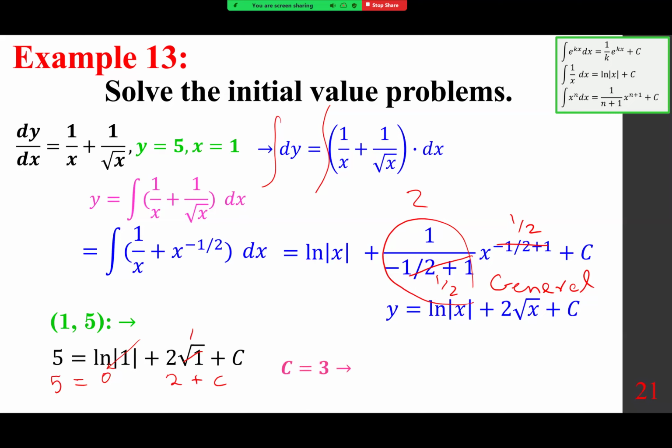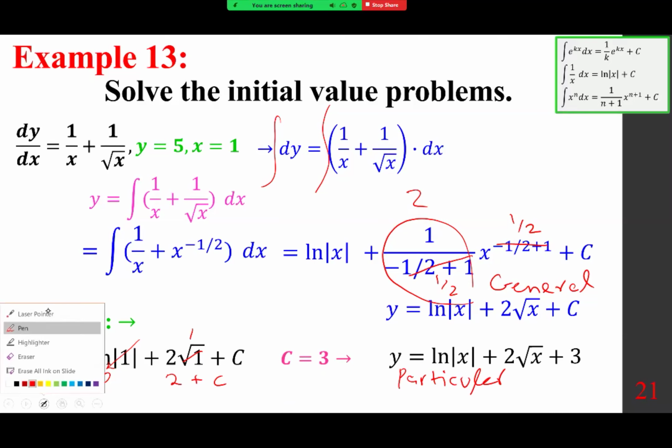The answer is 3. And now this is a particular solution, because we went from a general solution, a family of solutions, infinitely many solutions, to one of those solutions with the help of a pair 1 comma 5.